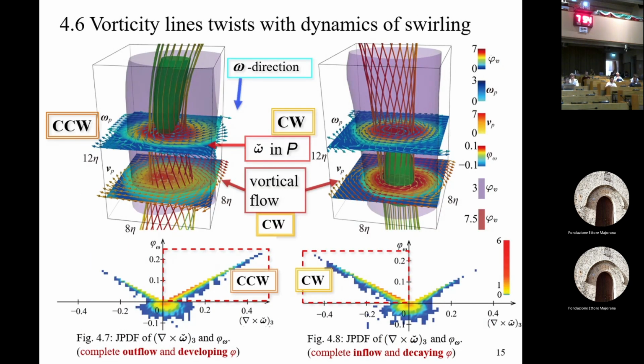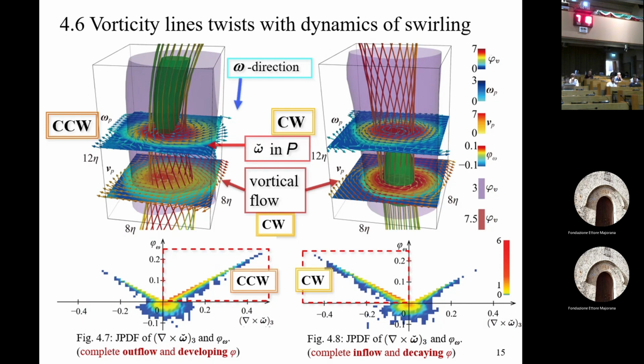This figure shows two examples of two vortical regions where vortical flow swirls clockwise, and on the other hand, the vortex vector swirls counterclockwise, because the vortex or swirling developed upward. In this case, because swirling decayed upward, the vortical flow swirls clockwise.